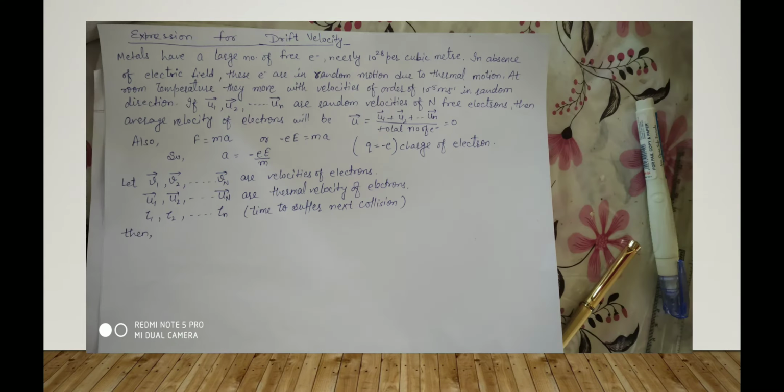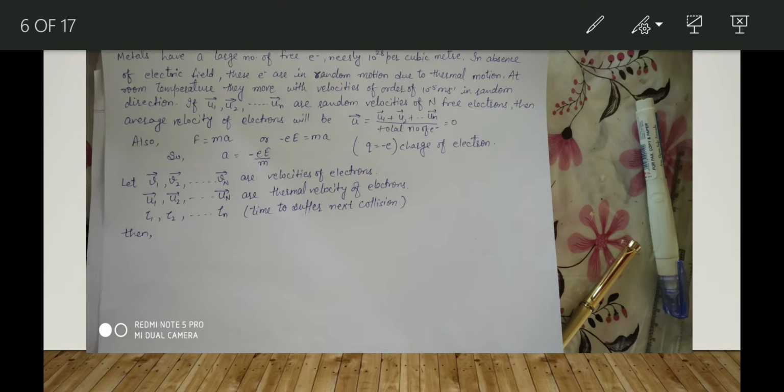If V1, V2 up to Vn represent velocities of electrons, U1, U2 up to Un represent thermal velocities of electrons, and τ1, τ2 up to τn represent time to suffer the next collision, then by using the first equation of motion, v is equal to u plus at, we can write different equations.